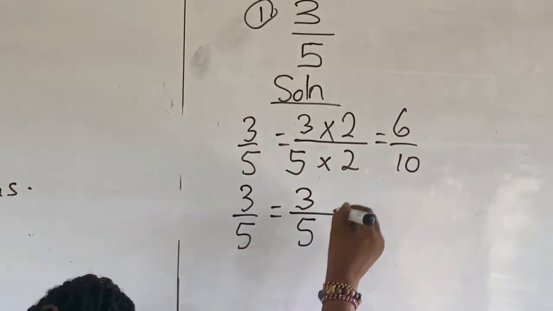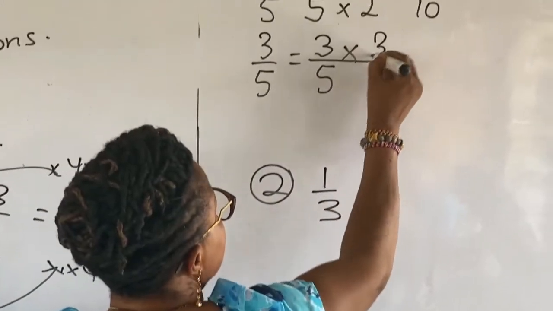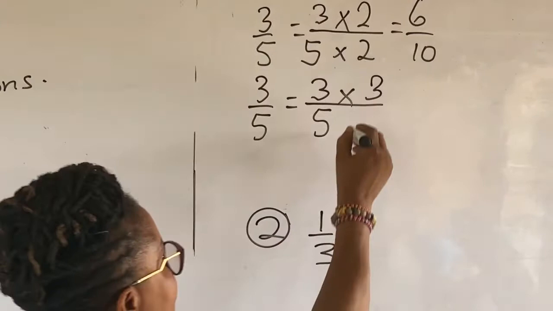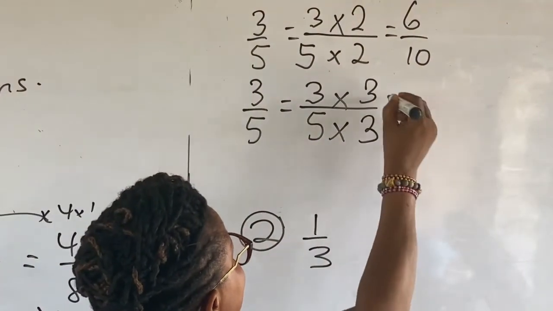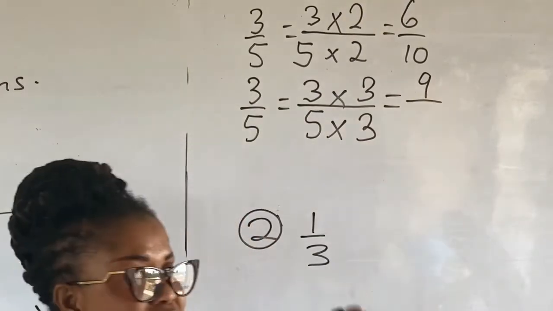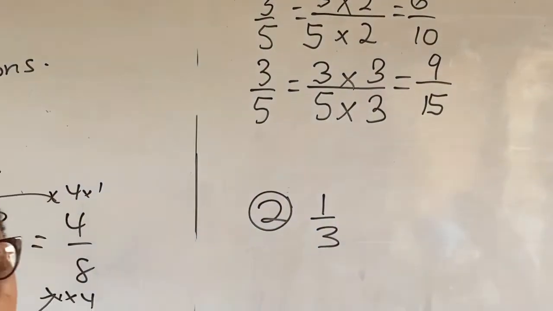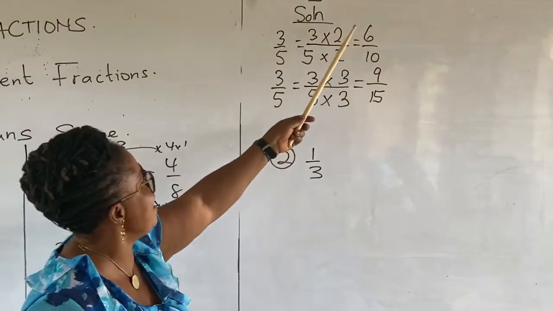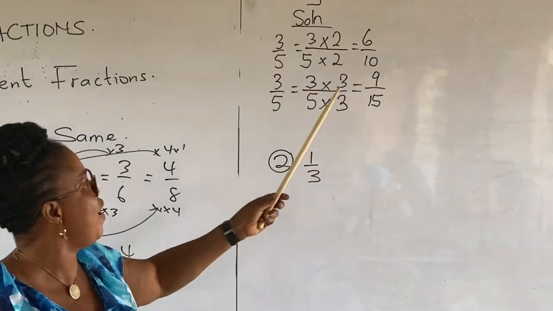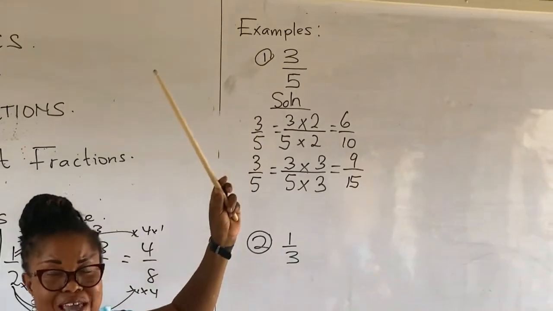Repeat your fraction times 3. Numerator times 3, denominator times 3. 3 times 3 is 9. 5 times 3 is 15. So we now have 2 equivalent fractions: 6 over 10 and 9 over 15 are the same as 3/5.